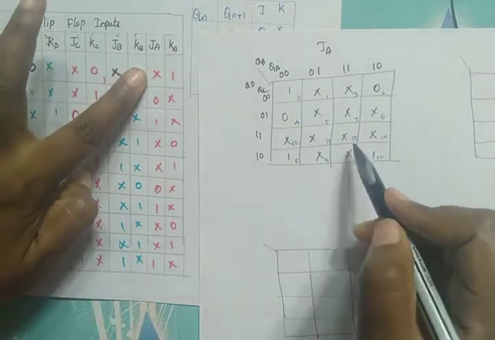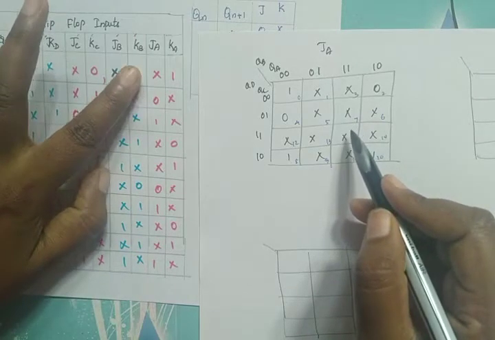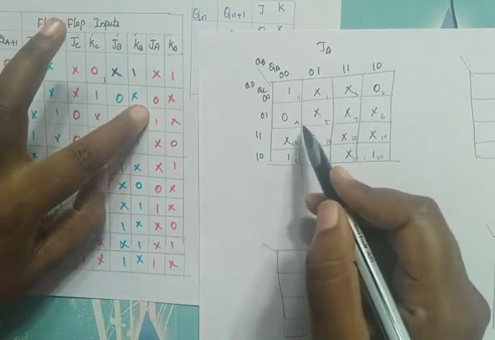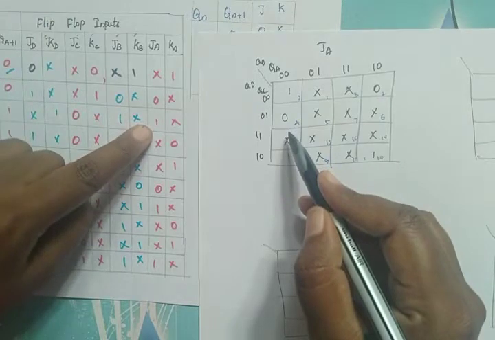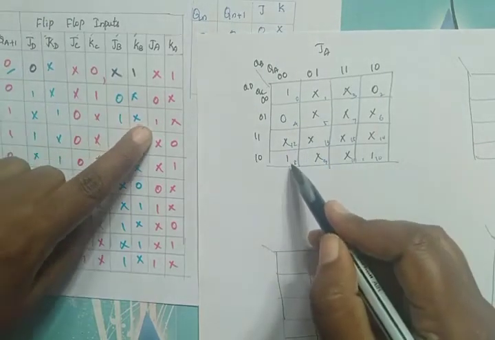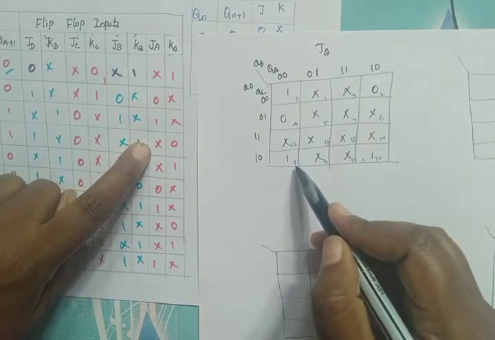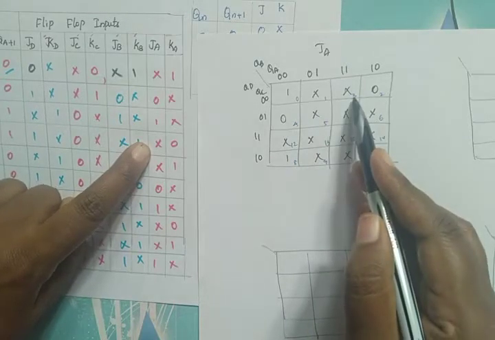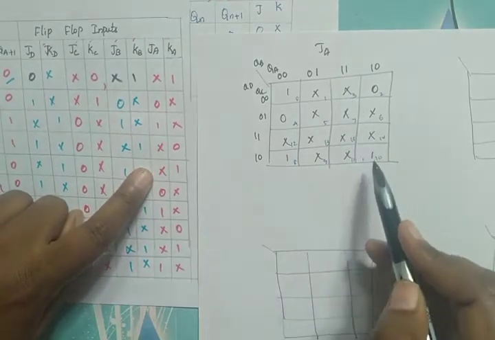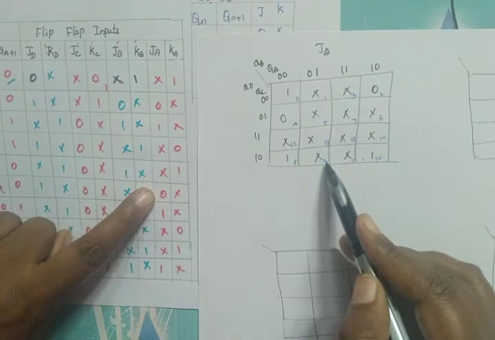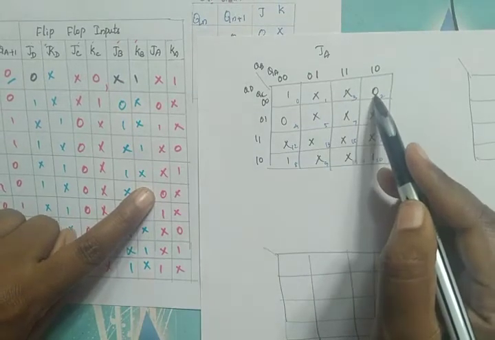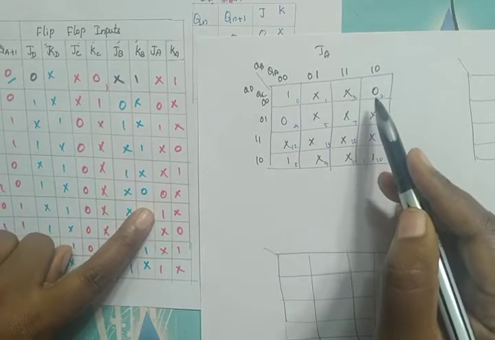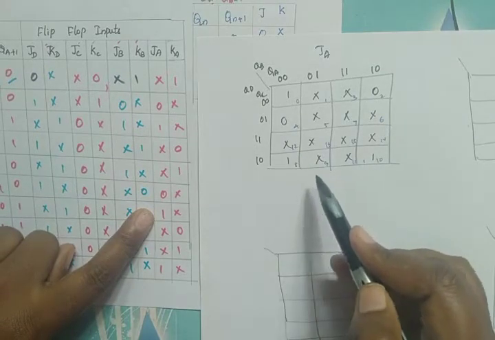This is 7. For 7 it is X. Then for 4 it is 0. Then for 8 it is 1. Then for 3 it is X. Then for 9 it is X. Then for 2 it is 0. Then for 10 it is 1.